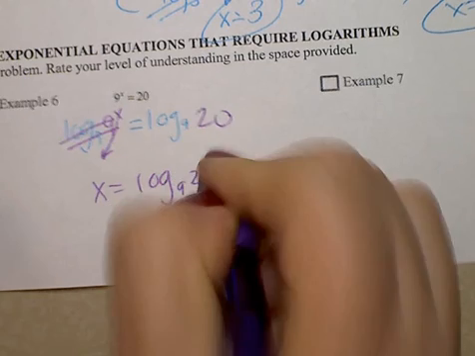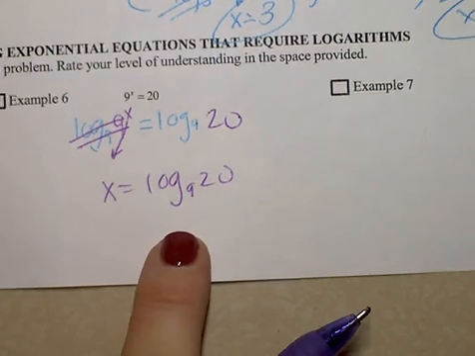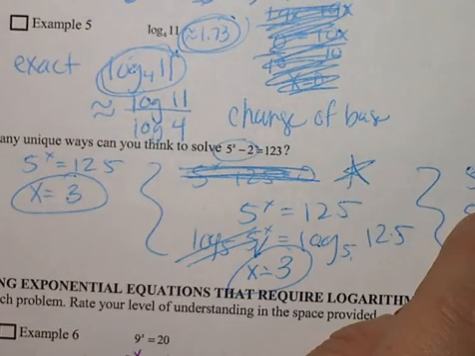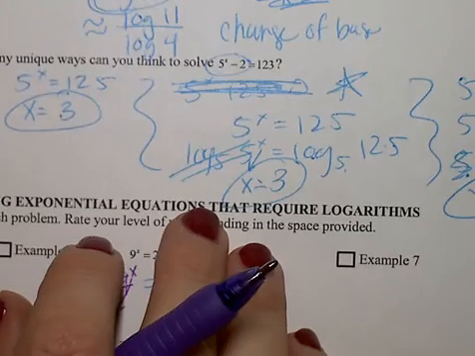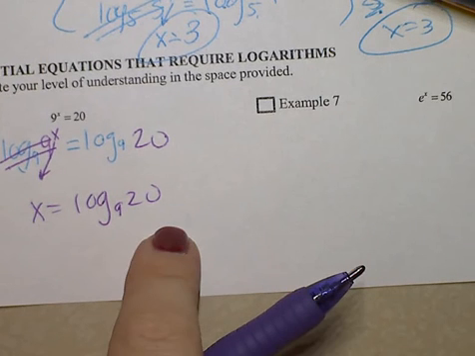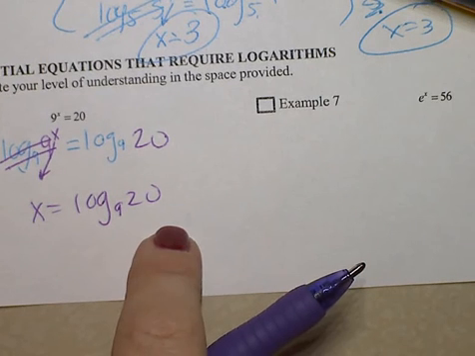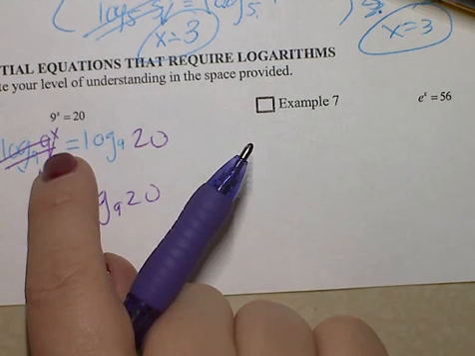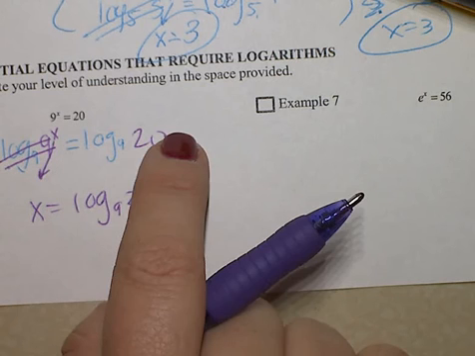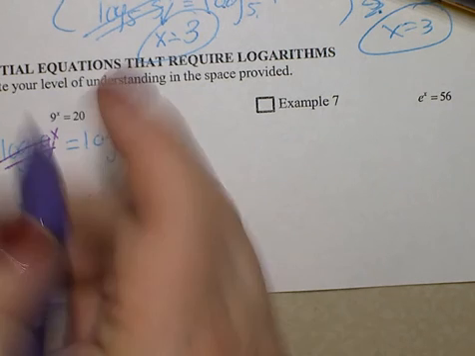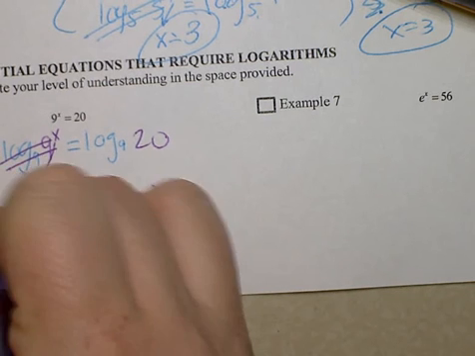Now, what's different about this problem compared to the problem up above? What was the answer for each one of these? 3 every single time, right? Just different ways to solve it. How do you know that I'm not going to get an exact answer here? Do you know which number you can take 9 to and you get 20? No, there's a number, but it's ugly. So if they say what is the exact answer, this is the exact answer. You do want to have this down.